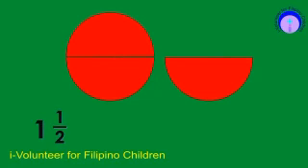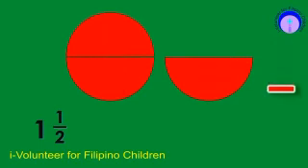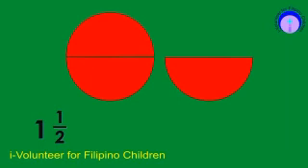We will count the parts we are talking about. 1, 2, 3. 3 becomes the numerator, while 2 becomes the denominator of the improper fraction. 3/2 is now the improper fraction of the said figure.